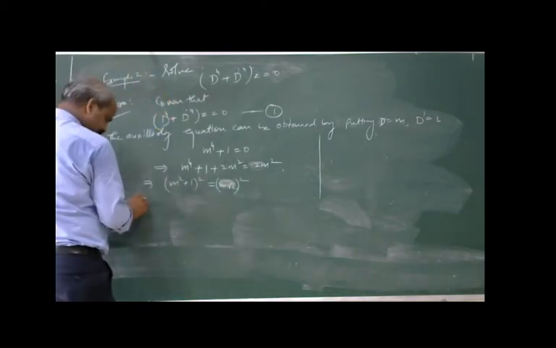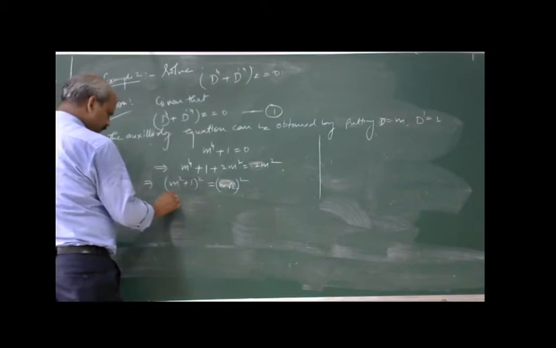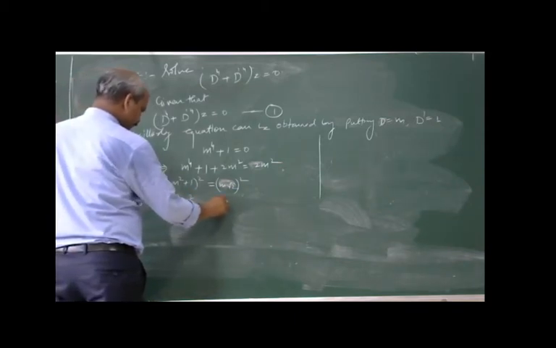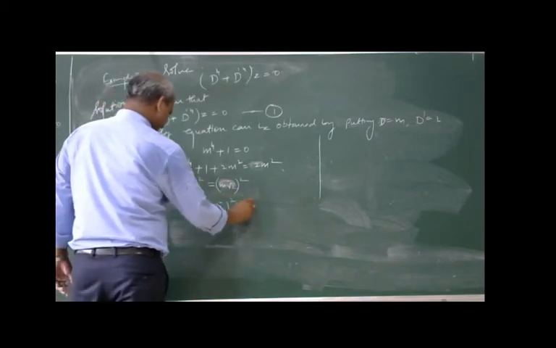This gives m square plus 1 whole square minus root 2 m whole square equal to 0.